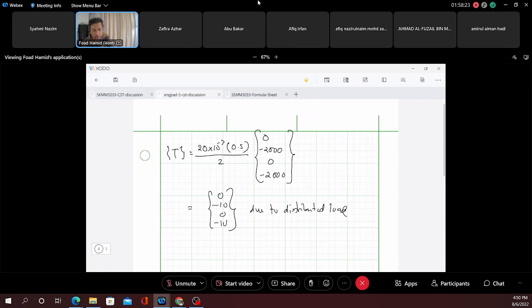Okay, so this is my thickness, this is my length. And if you look at this, uniform loading, total loading here is 20, it's not 20, it's 2 kilonewton.